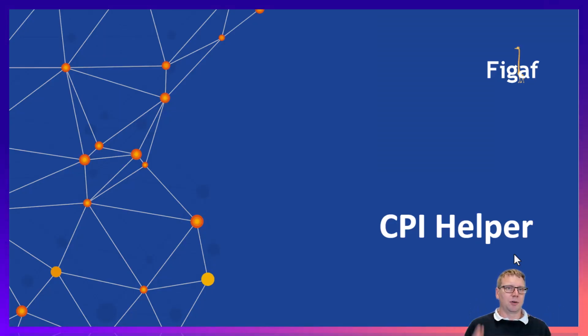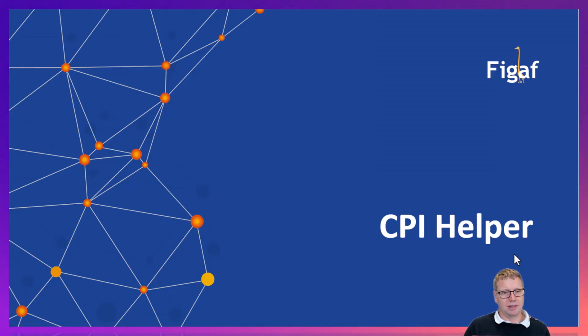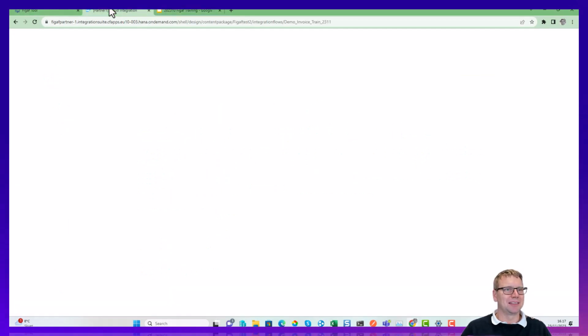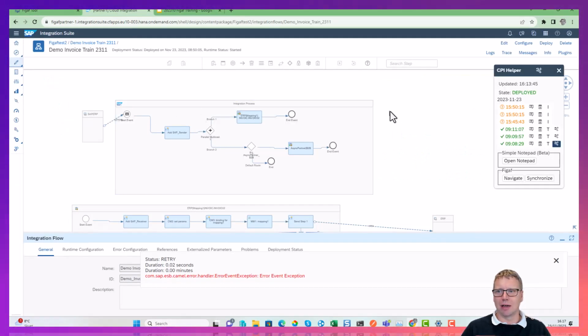Good. First thing, we just want to talk about CPI Helper. It is a great tool that just makes life easier for integration developers. It simplifies the navigation, makes it easier to create test cases directly from CPI, and you can go in and edit Groovy cases also. I guess that's also one of the things we will be covering here. So here we have the CPI Helper.